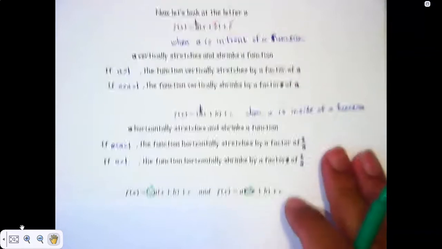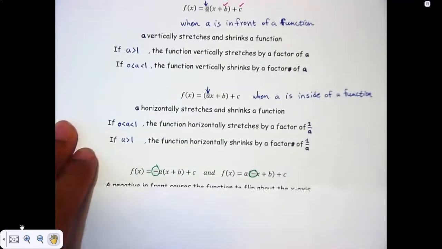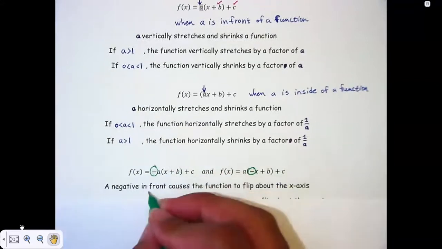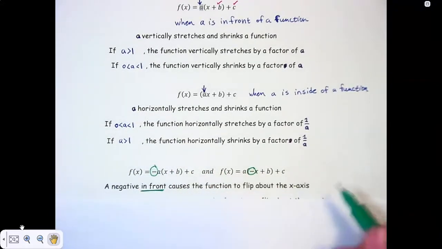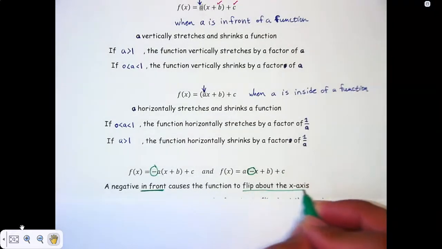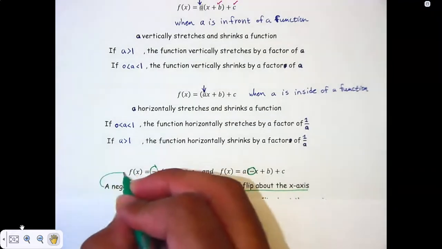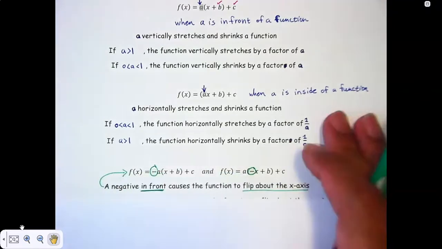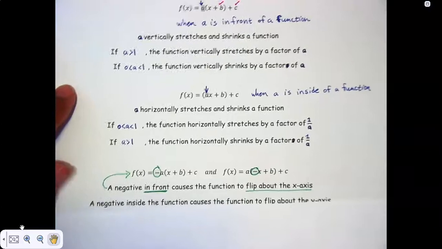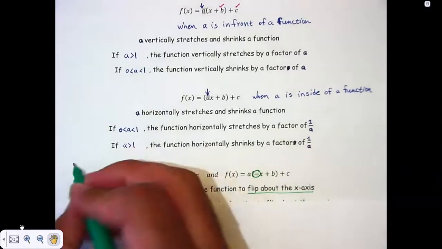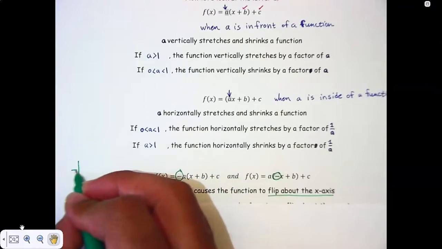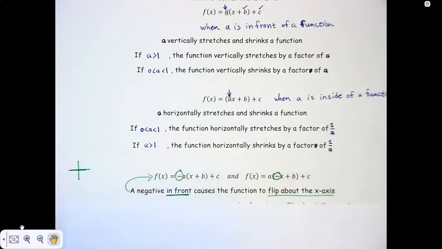All right. So here, if we have a negative that's in front of the function, that means it's going to flip about the x-axis. Right? And when we talk about flipping about the x-axis, I'll put it right here on this side. We're going to flip about the x-axis.